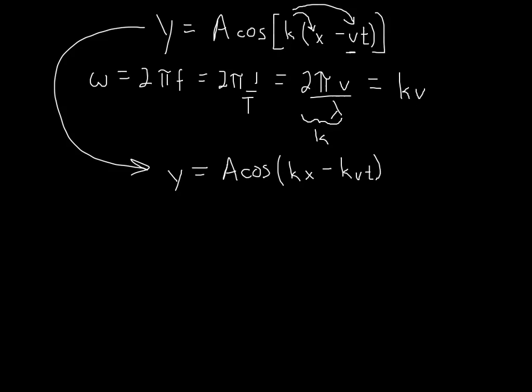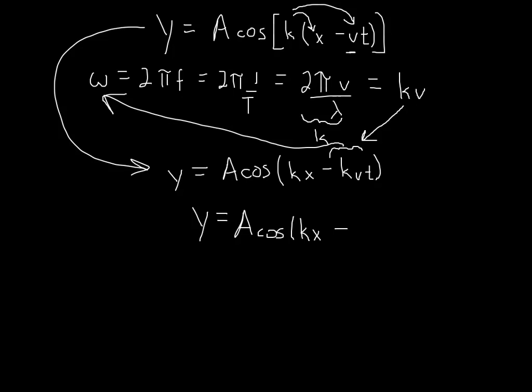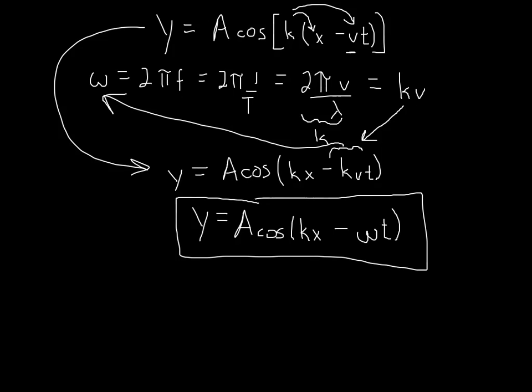From the work I've done above, just manipulating equations we've already worked with, I can plug that in. y is equal to a times cosine of kx minus kv, and this kv is just equal to omega times my time, t. So this gives us a general equation for any kind of harmonic wave: y equals a cosine of kx minus omega t.